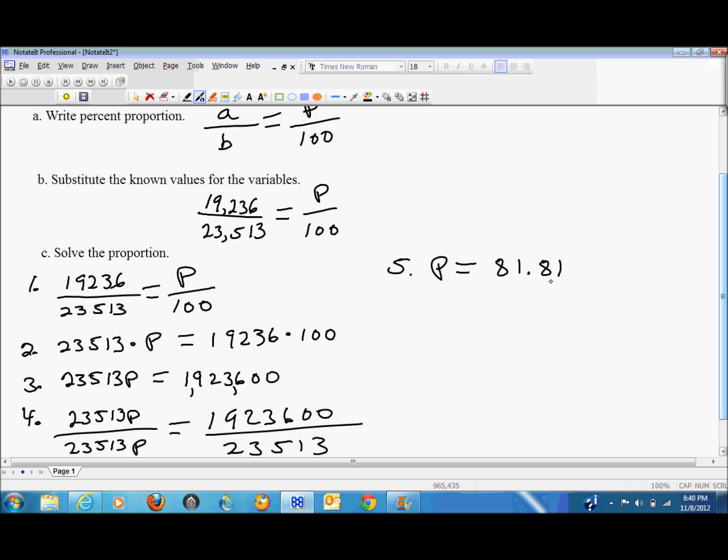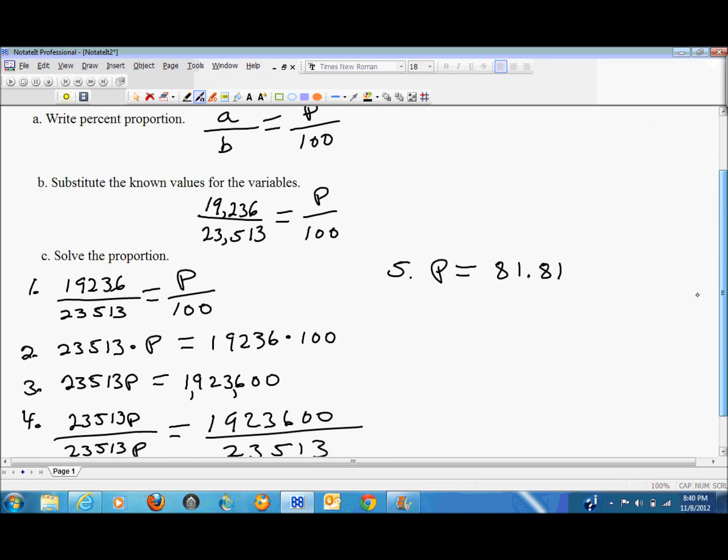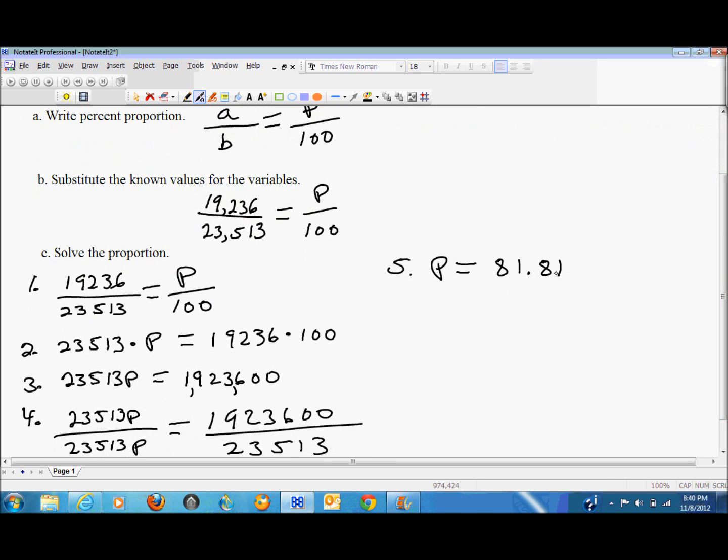So we were asked to, I do believe, yes, round to the nearest tenth. So this is the tenth and this is the hundredth. So here's what we want to look at to round. As we see, it's a 1, and when we round, it must be 5 or greater to round up, or less than 5 to remain the same.